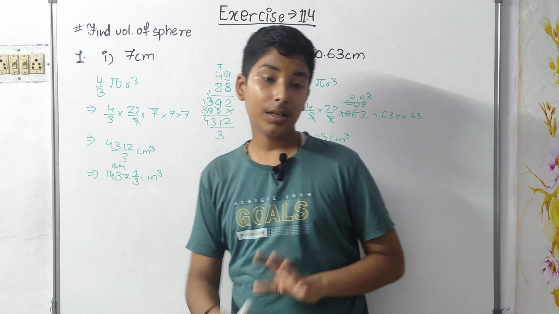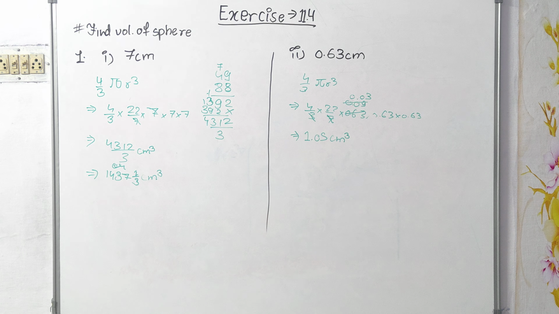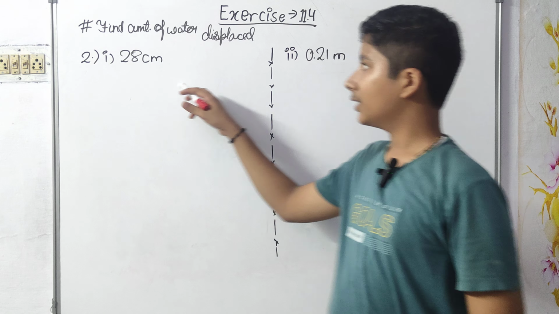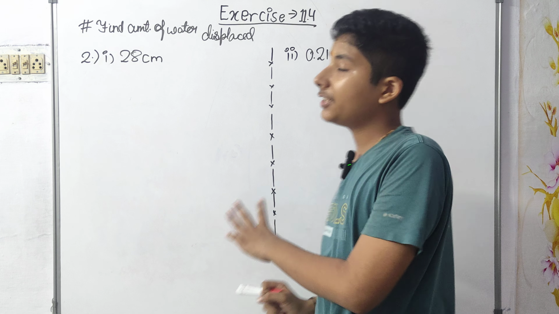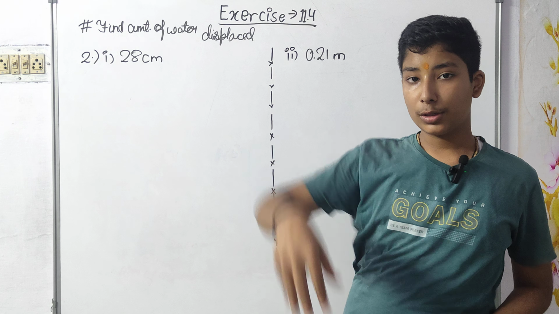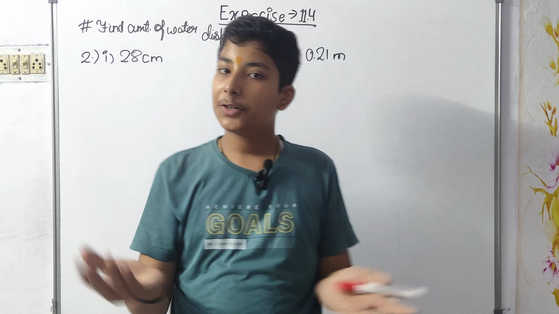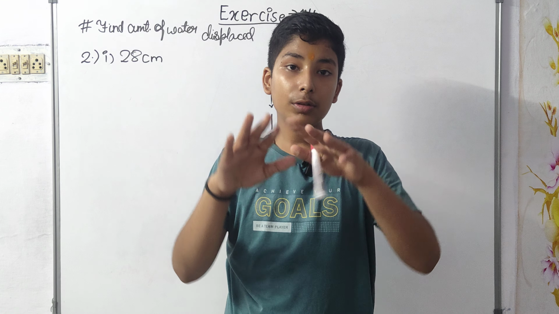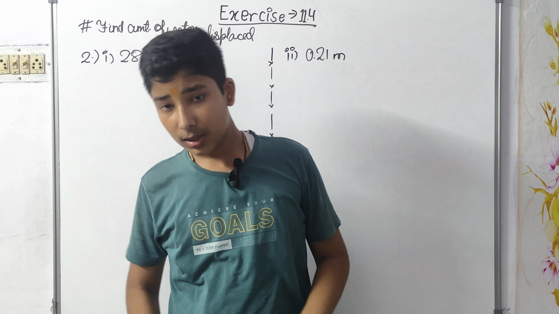Now we'll continue with the next question of the video, which is question 2. In this question, we have to find the amount of water which is displaced when a spherical ball is put into water. Like, see, there is a bucket of water. If I put my hand inside it, some amount of water comes out. How much water comes out?